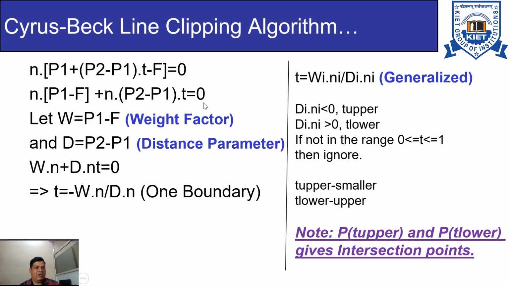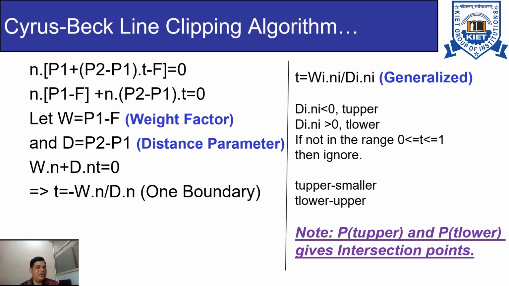Now here we will define one term which is called the weight factor, and it is defined as W = P1 - F, and another parameter we are defining which is called the distance parameter, and it is defined as D = P2 - P1.